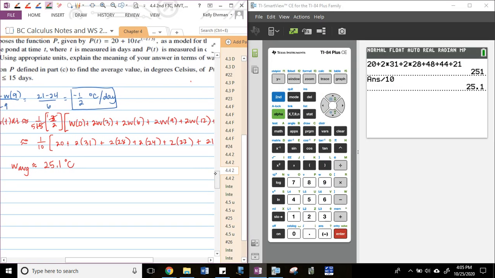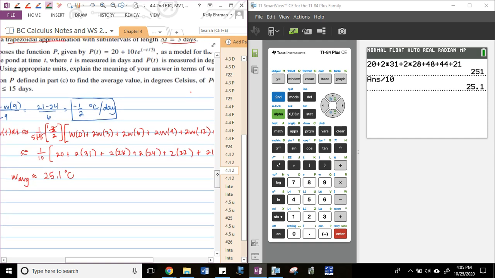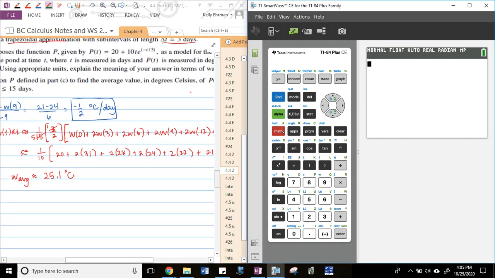All right, so I'm trying to get P in my view here. So math 8. With respect to x, our function is 20 plus 10x times e to the negative x divided by 3.